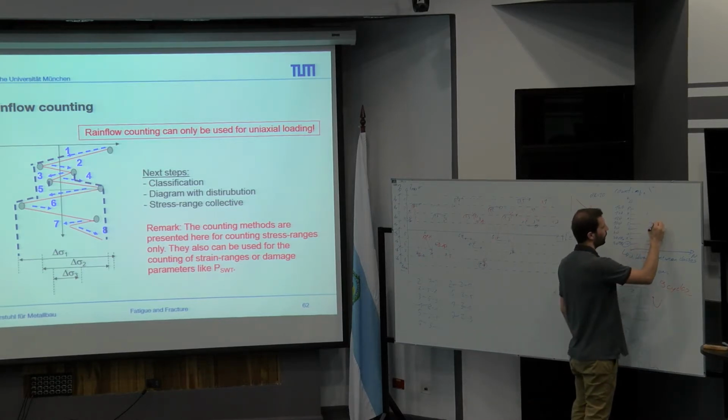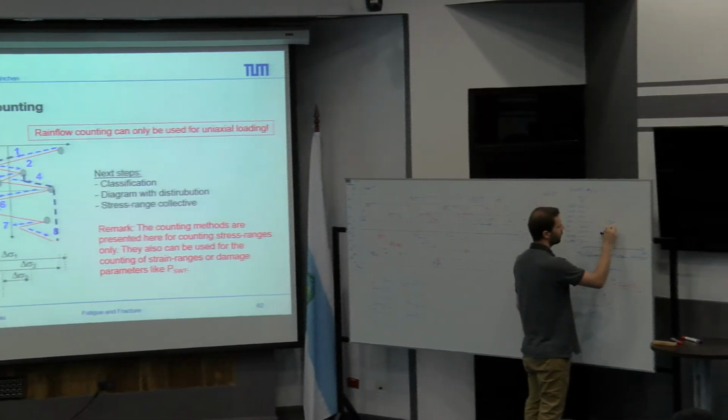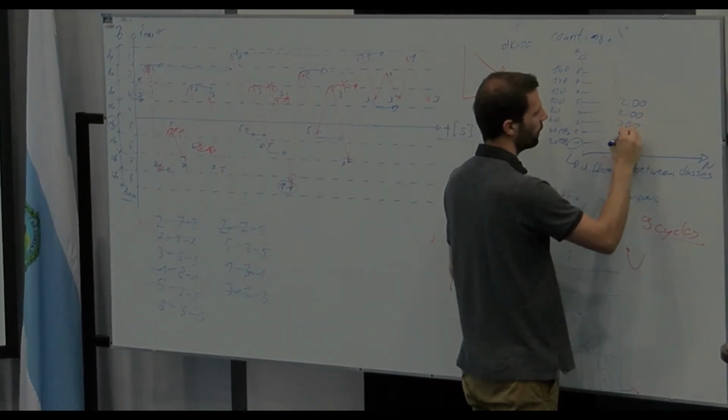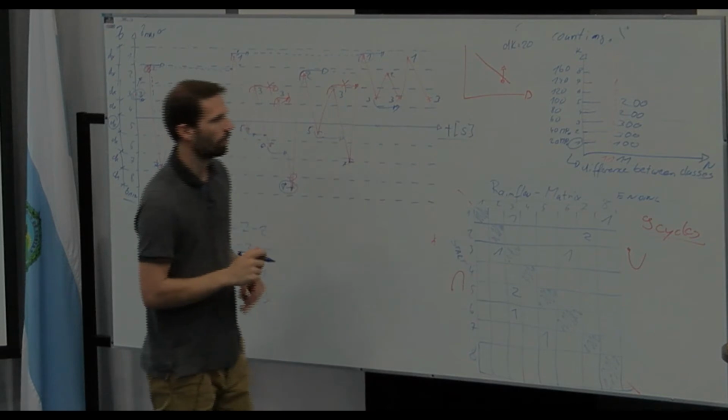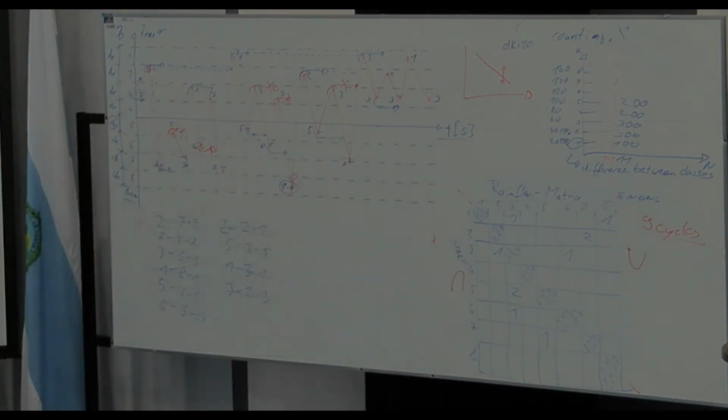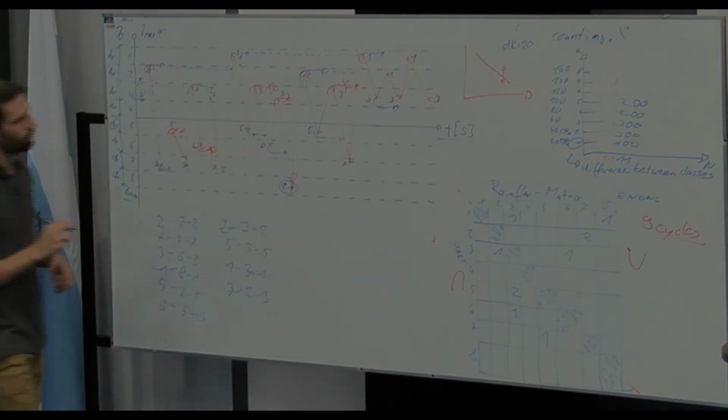So we know, okay, we have here at the end 200, 200, 300, 300, 100 cycles for 3 months.